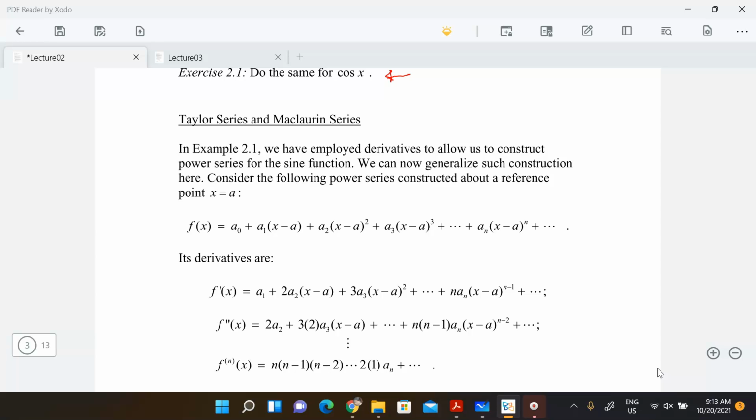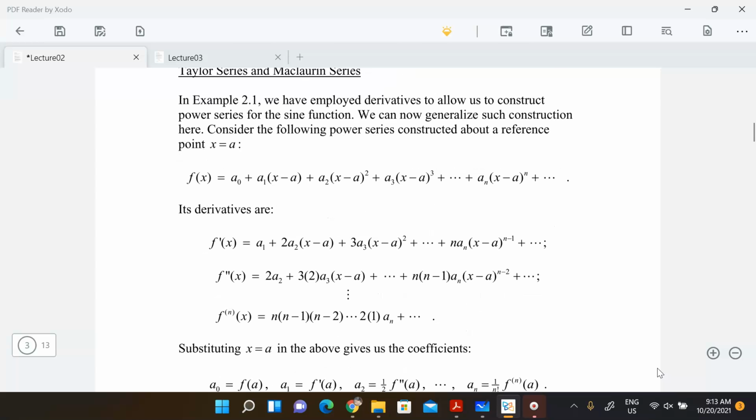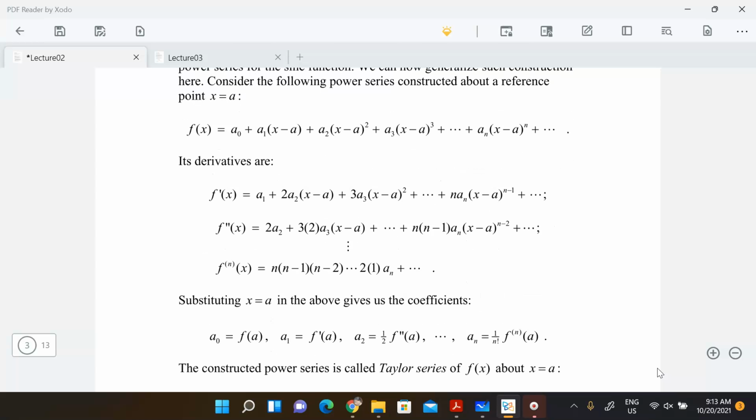Okay, so here is what we do. We assume there's this smooth function f of x with this power series, and it's expanded about an arbitrary point. In the previous case for sine x, we used x equals 0. Here we make it slightly more general, so this is an arbitrary specified point.